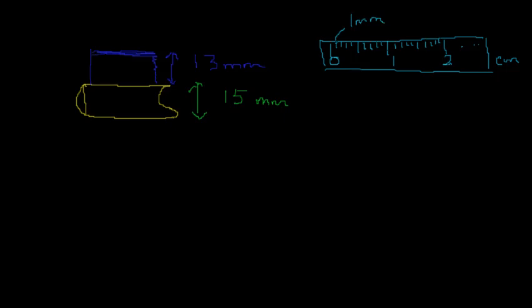Now, when I use this to measure the thickness of the book, I'll find that the thickness of the book will not always fall exactly on one of the marks. Let's say if I put the two edges of my book here, I might hold the book here. When I measure it, 15 millimeters will be until about there.